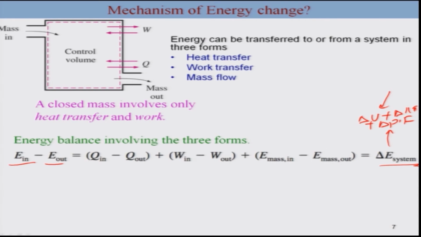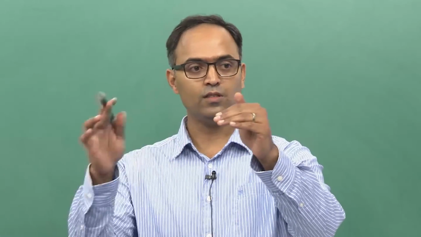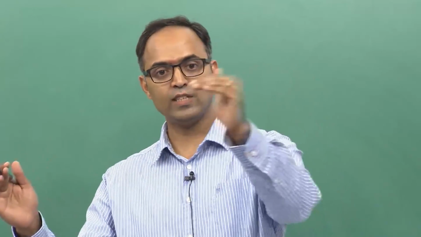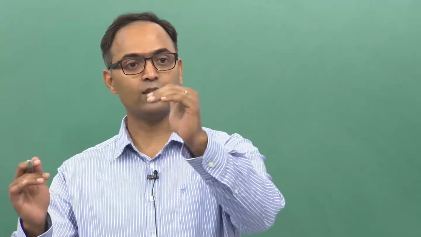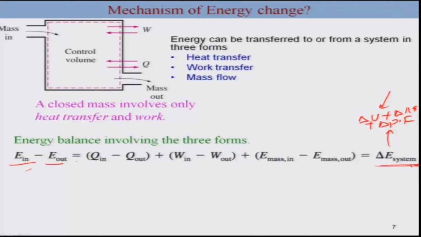What about E in and E out? This is the transfer mechanism. This is the system information; this is the transfer mechanism. What is coming in and what is coming out does not talk about the system; it is talking about what is going on at the boundary. At the boundary, either mass is entering, or heat is being transferred, or work is being done. So this gives you information on the heat, work or mass.